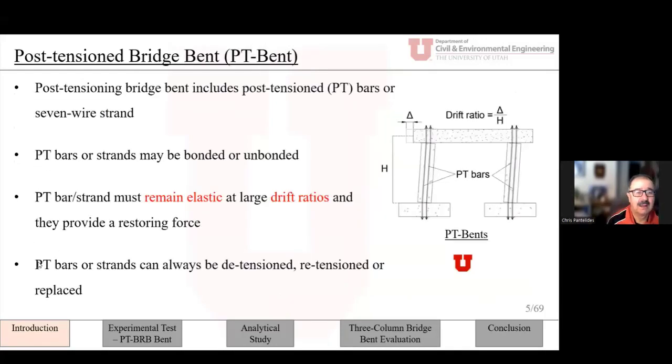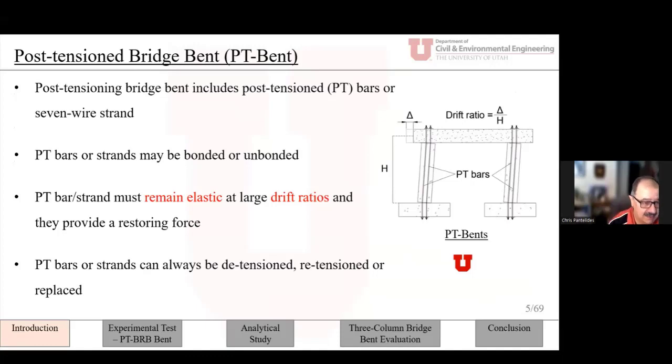So this brings me to the introduction of the post-tension bridge bent, which you can see here, which mainly consists of 2 footings, 2 columns, and a cap beam. And this is pretty much the experiment we carried out with the addition of an external energy dissipator, which is the buckling restraint brace.